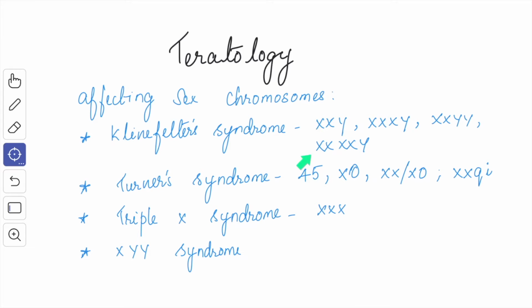So you have a total number of chromosomes of 45 with the sex chromosome XO, or XX bar, XO, or XXqi. That is, q is the long arm, i is the isochromosome. Next, you have triple X syndrome, where you have the sex chromosome X of 3 in number. Next, you have XYY syndrome.